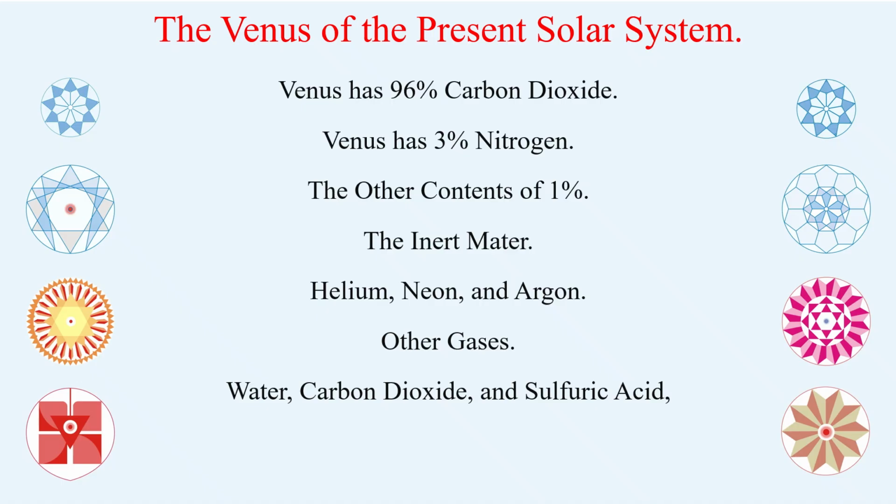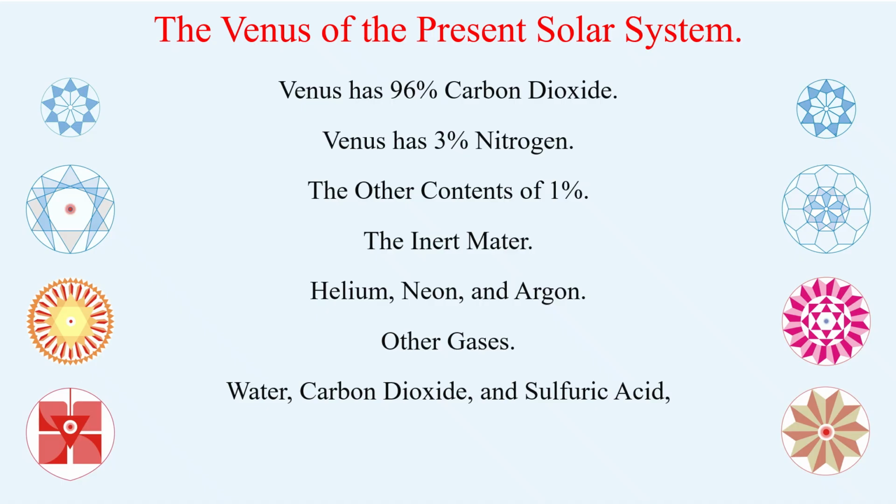Then come to the question of Venus, the second one after Mercury. Venus had 96% carbon dioxide; today it still is 96%. Venus has 3% nitrogen. That means it is important there. So 99% is between carbon dioxide and nitrogen itself. Other 3 gases are helium, neon and argon only. You don't see krypton and xenon there.